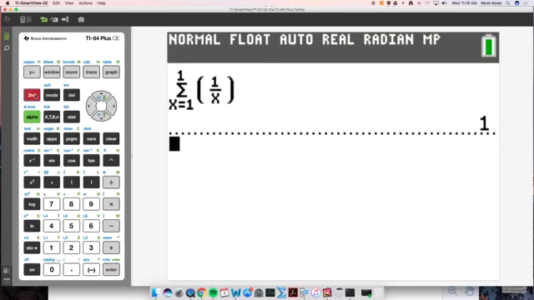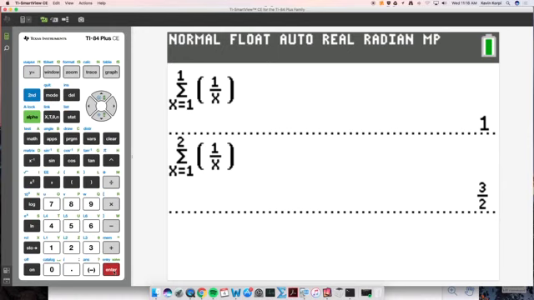Now, you can keep generating them like this. You can go back and change the 1 to a 2. And you get 3 halves. So if you wanted to do this constantly, you could keep doing that. But you can also generate the next term by simply adding what the next term in the sequence would be, which for 1 over n, it's pretty easy for us. So write these numbers down as we go. 3 halves, I'm just going to say plus the next term, which would be a third.